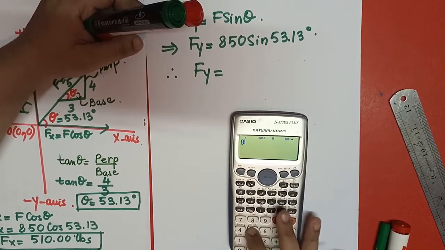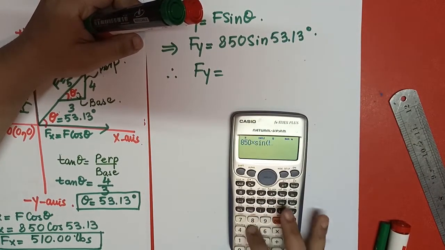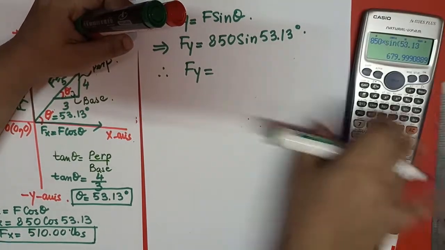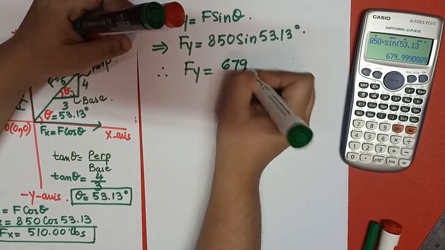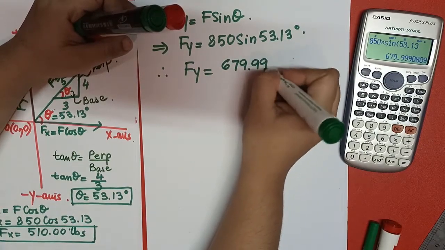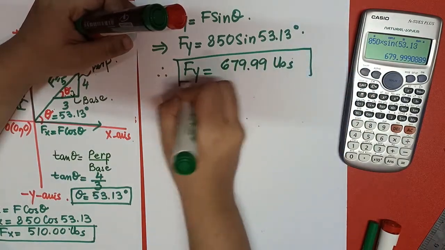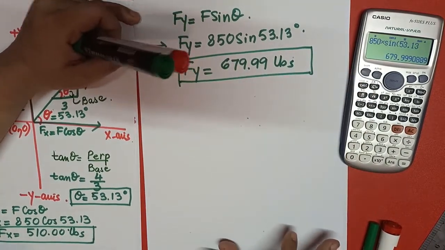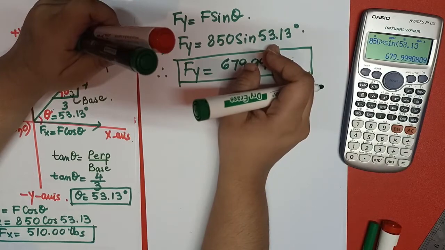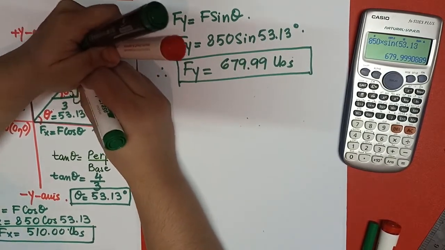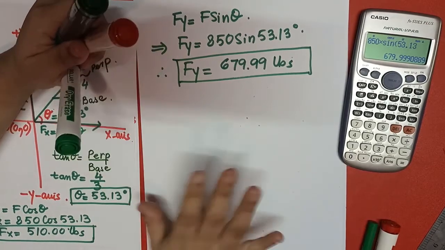So 850 into sine of 53.13 degrees gives 679.99, which is nearer to 680. This is in pounds. Done. Now we have cleared the concept of how to find the components of any force. So it is done up till now.